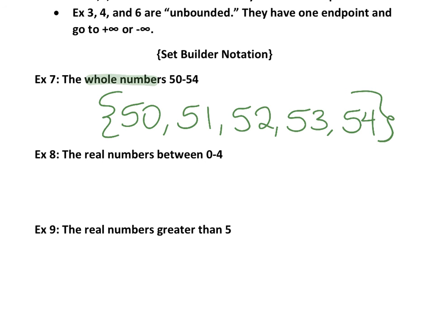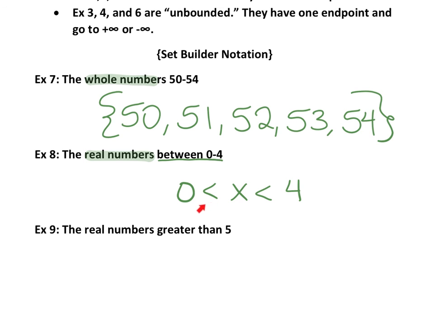In the second example, it asks for the real numbers. In real numbers, can I use fractions? Yes, real numbers is like all of the numbers. So I can use fractions, which means I now have to do an inequality. This says between 0 and 4. Does it say including 0 and 4? So my inequality, if I can't include 0 and 4, would just look like this.